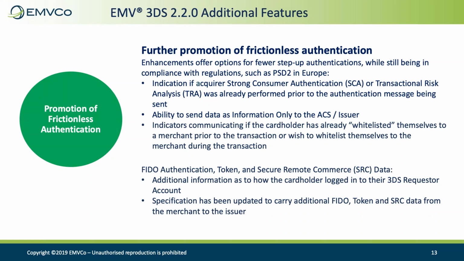There is now the ability for the merchant to send data as information only to the ACS or issuer. And there are indicators communicating if the cardholder has already whitelisted themselves to a merchant prior to the transaction or wish to whitelist themselves to the merchant during the transaction.